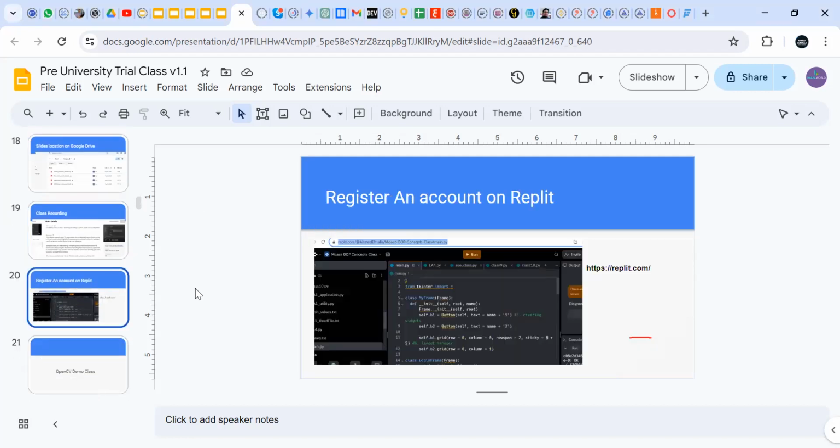And then most of the programming that we are going to do, we do online, so that I'm able to share the code easily with you, and you are also able to pass me the homework easily. So you have to register on that website, Replit. It's used by most teachers, even in university, so we are able to use it for Python, for Java, and for many other languages.